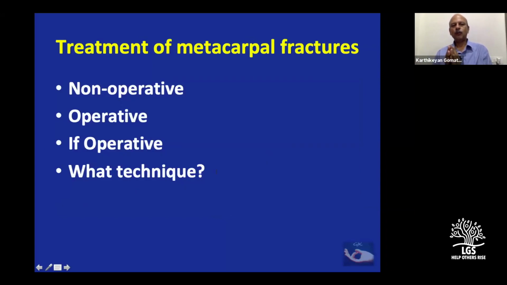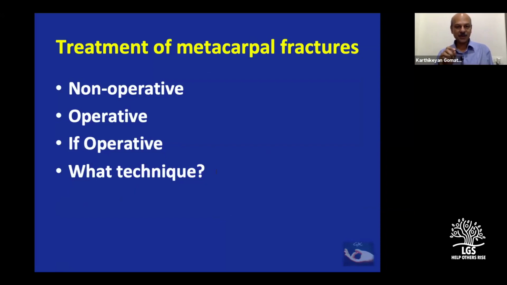So now we have clinically examined, we have taken the X-ray, and we have seen the fracture of the metacarpal bones. Now we are going to decide on the management. Obviously there are 2 types of management: non-operative management and operative management. Non-operative management, believe me, is one of the most attractive options.